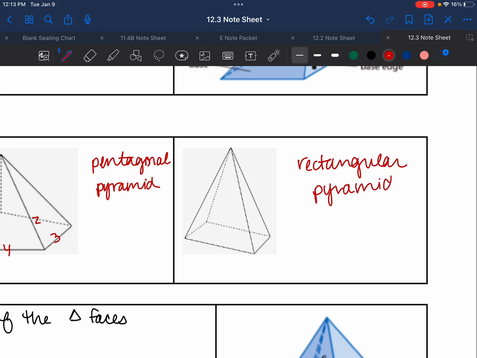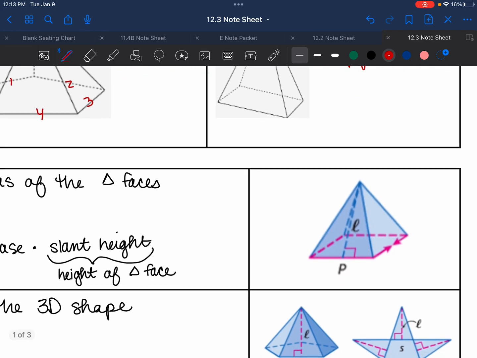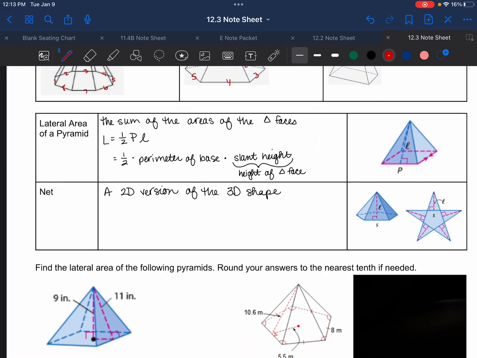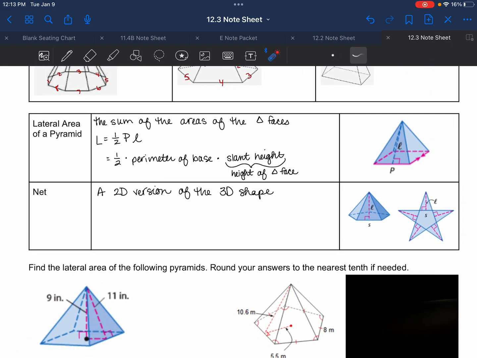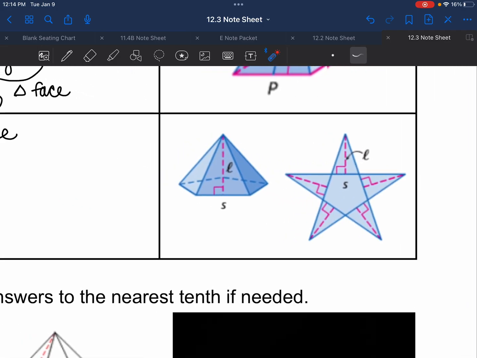All right, let's talk about lateral area of a pyramid and the net. Let's actually talk about the net first. Again, the net is a 2D version of a 3D shape. If we look at a 3D pyramid, this is a pentagonal pyramid, the bottom is a pentagon. If we make the net, we take our triangular faces and we fold them down so they're flat on the surface, and we end up getting some sort of star.